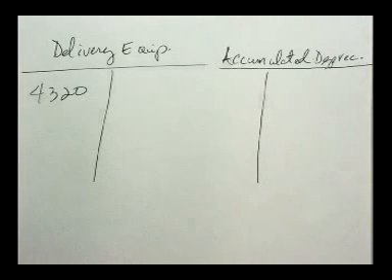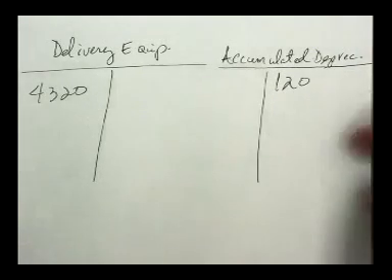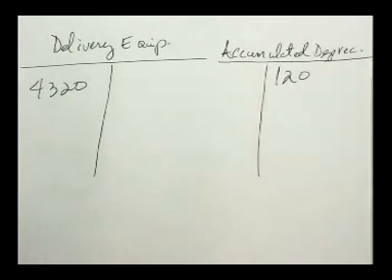What does the word accumulated mean to you? To add up, to gather, to keep track of, as like when my son lived at home, he accumulated a ton of laundry on a daily basis. And the pile just kept growing and growing. And that's what's going to happen here. This account's going to continue to grow and grow. Every time I do what? Every time I credit it for the used up portion every month.